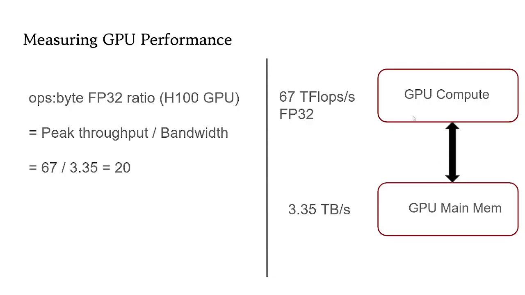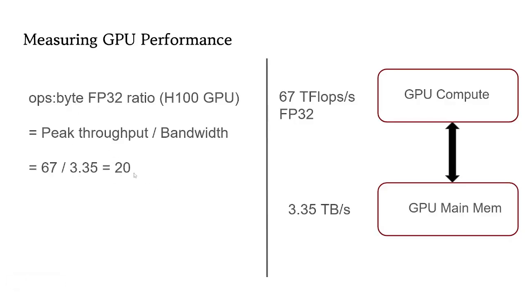What we want to think about is sending data as fast as possible so that my GPU compute can remain completely busy. So think of the GPU compute as a consumer and the main memory as a supplier. I want to supply things fast enough so that this consumer is kept as busy as possible.